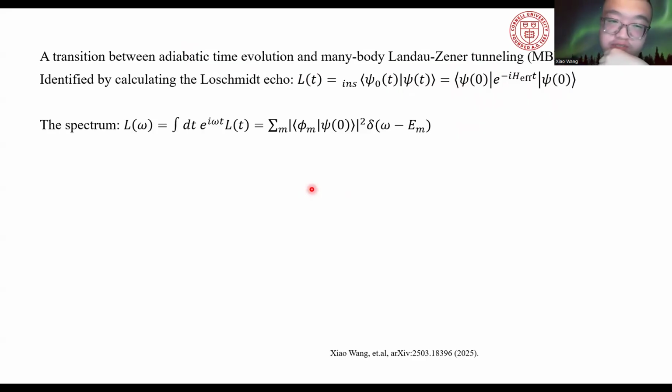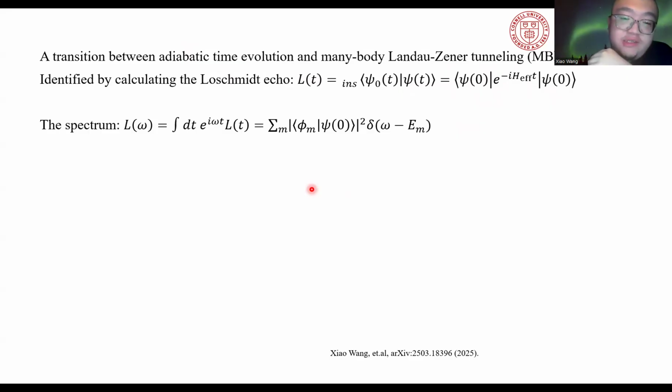So to detect the many-body Landau-Zener process, it is equivalent to detecting how many eigenstates have overlap with the time-evolved wave function.